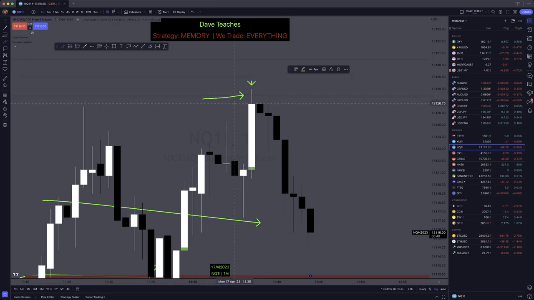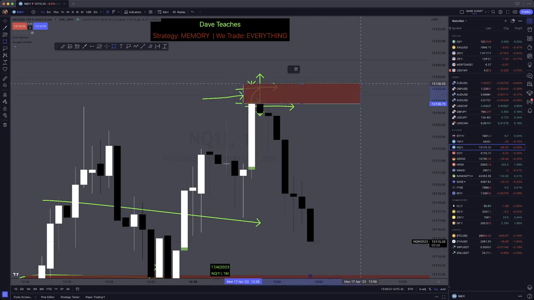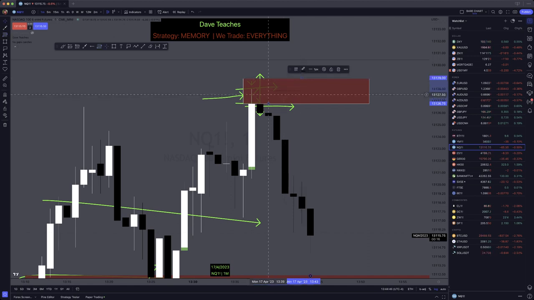The close is a low. Y'all hear me? We violate the high, right? Break of structure. And then what? Shift below the low and close. Guess what this is? Flippity flip. We tap back into the area, hit the 30.